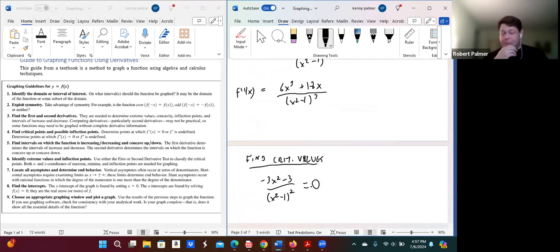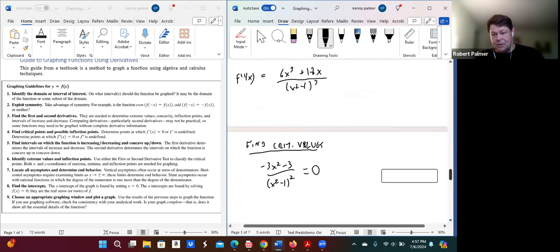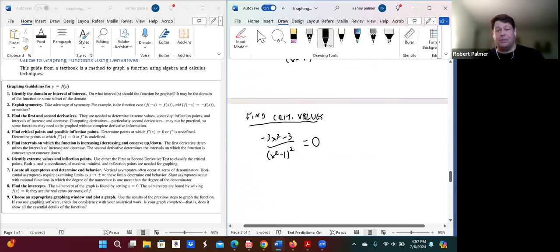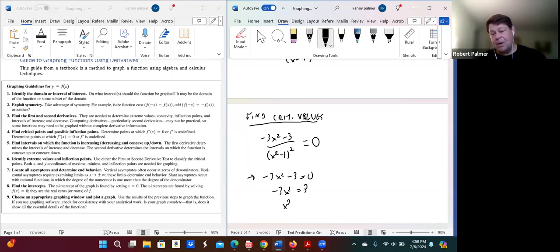Now remember our denominator can't be 0, so the only thing that can make this 0 is our numerator. So I just have to set our numerator equal to 0. That's negative 3x squared minus 3 equals 0. Add 3 to both sides: negative 3x squared is equal to 3. Divide both sides by negative 3. Now we have x squared equals negative 1.